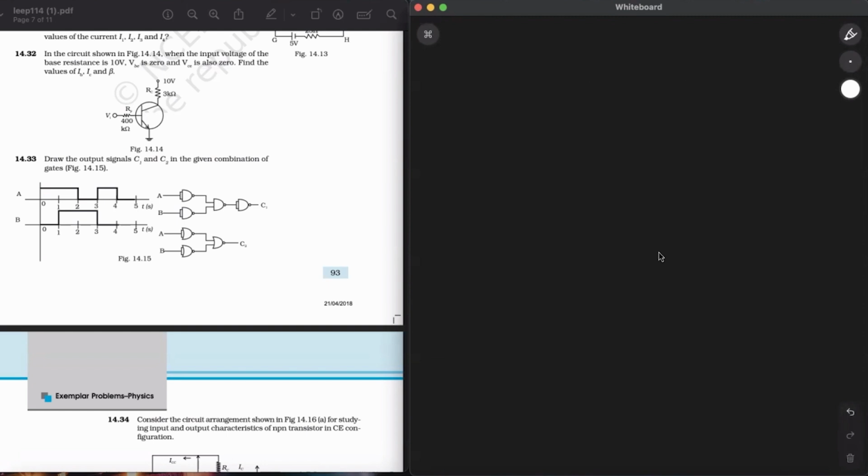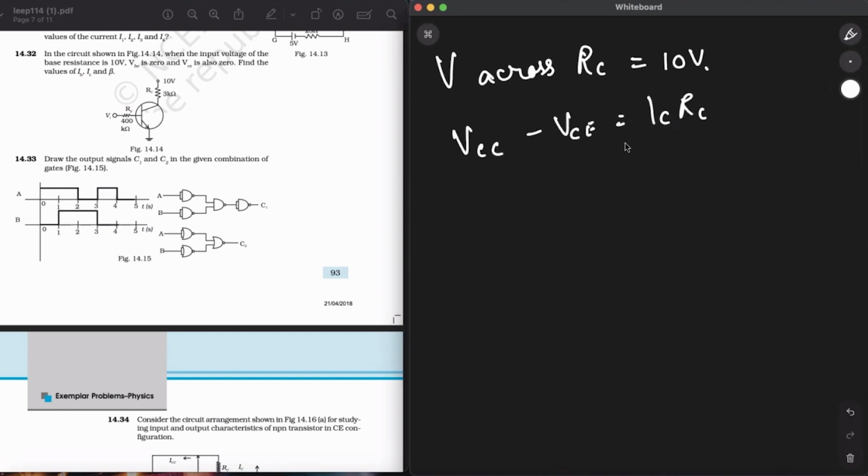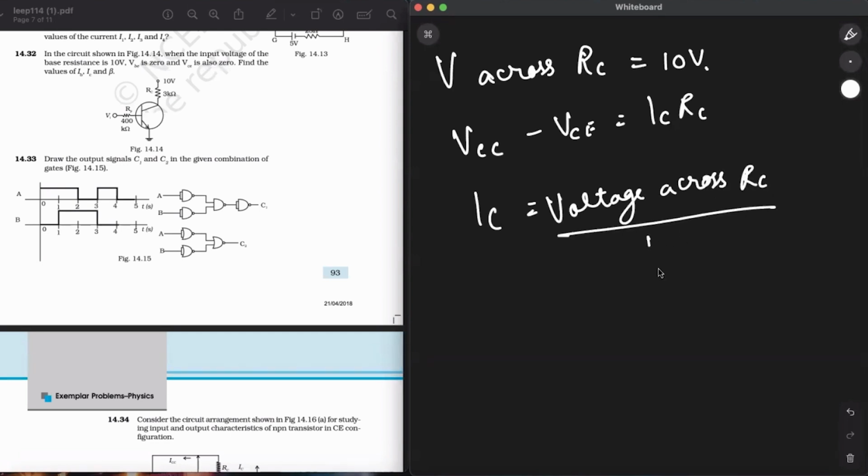Okay. Now voltage across RC will be 10 volt. So VCC minus VCE will be ICRC. So IC will be the voltage across RC by RC.